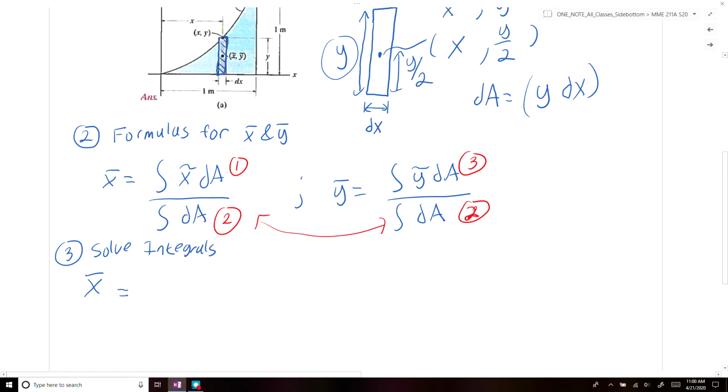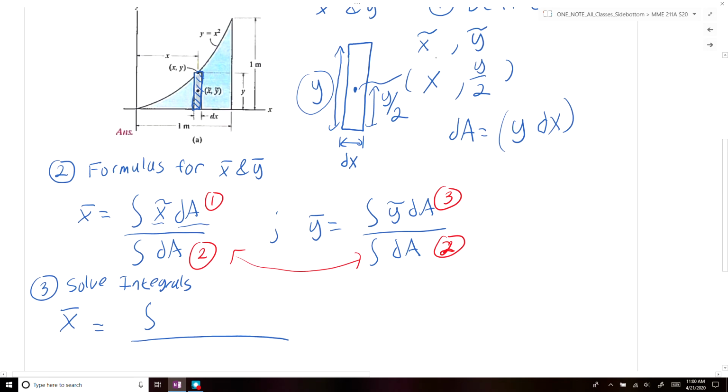So for x bar, we will have the integral of x tilde dA. x tilde we defined from our differential element as just being equal to x, and we defined dA as being equal to y dx. Now we know from the problem that y is also equal to x squared, so we can rewrite this all in terms of x.